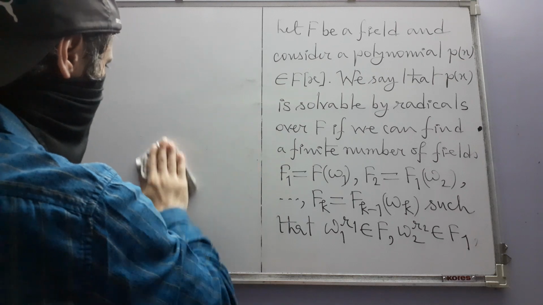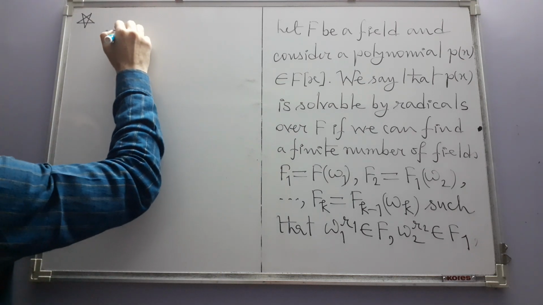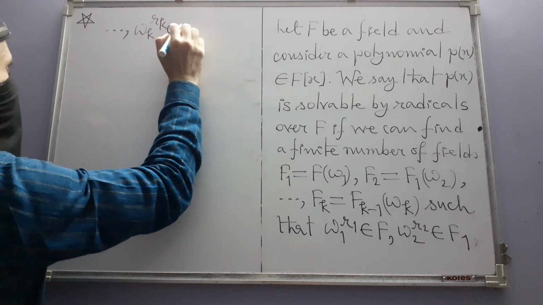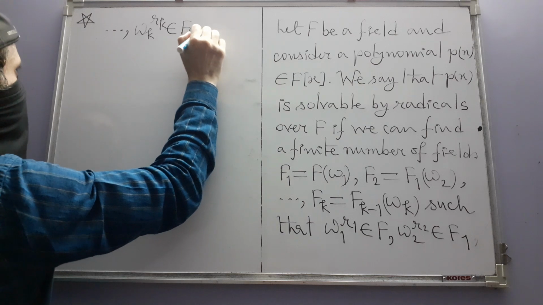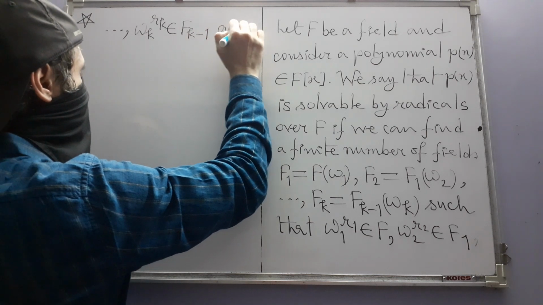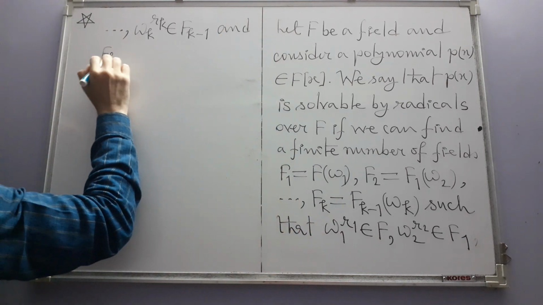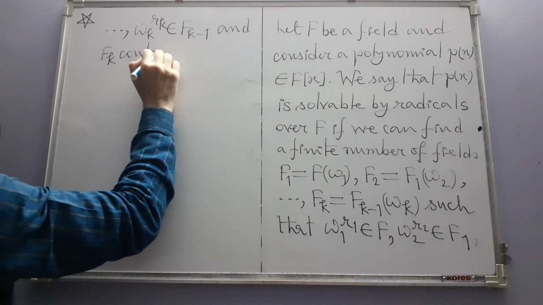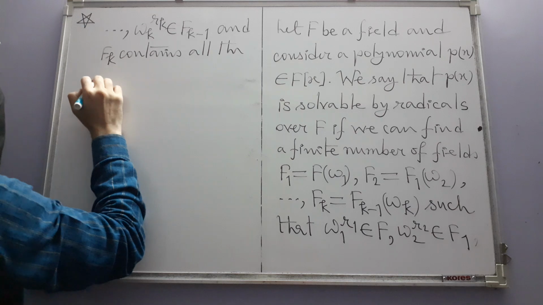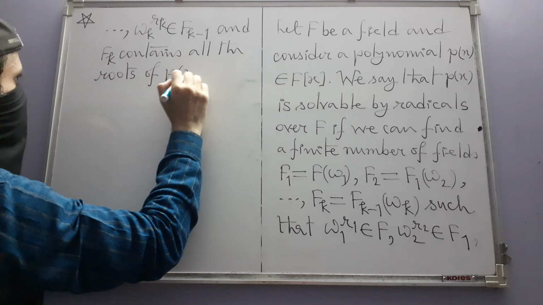And finally, omega k to the power rk belongs to the previous extension F(k-1), and the final extension Fk contains all the roots of P(x).